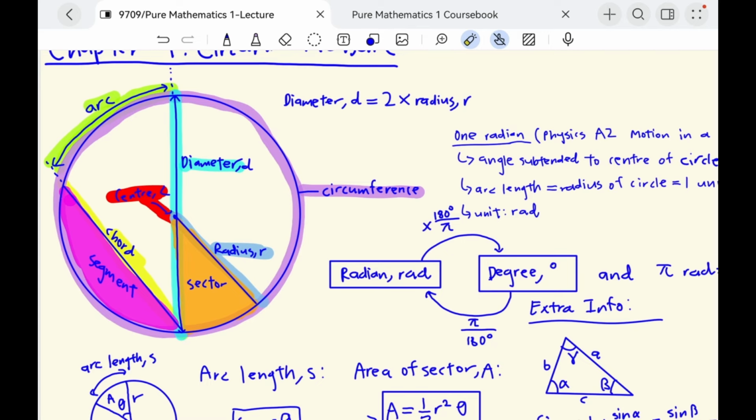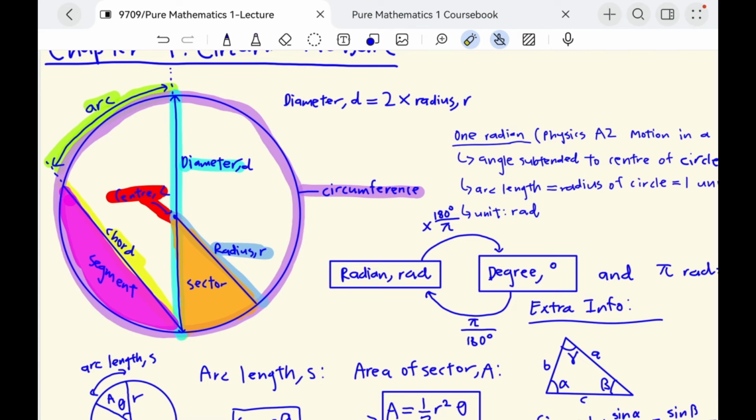In this circle, one property you must know is the radius. The radius of the circle is the distance between the center and the point of contact with the arc of the circle.